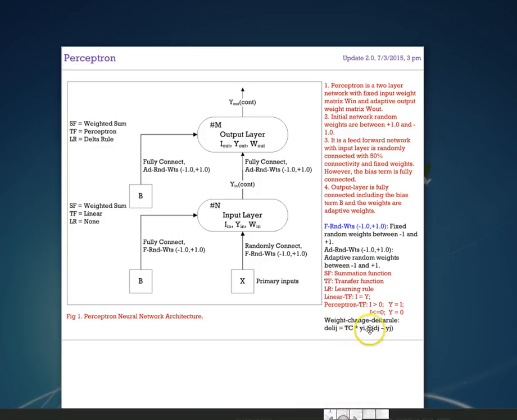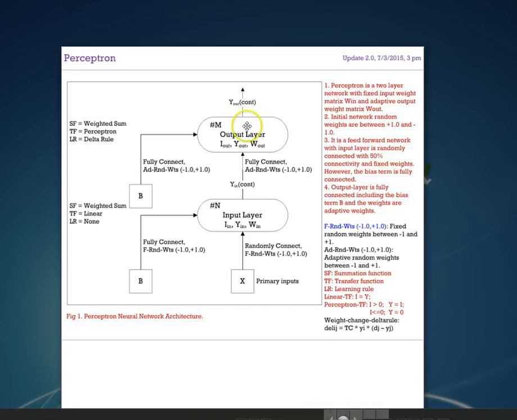The training algorithm is called the delta rule. In this case, the weight change is given by TC, the training coefficient, sometimes called alpha, times the input activation I, times D minus Y. D is the desired value at the output, and Y is the correspondingly computed value from the network.